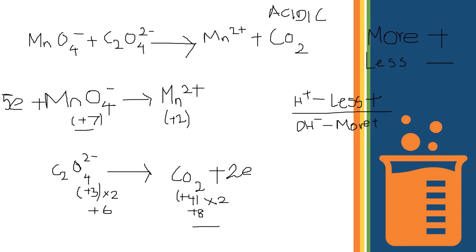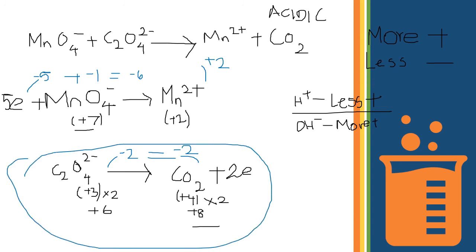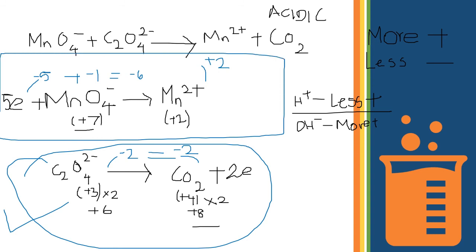But first, let us calculate the charges in both instances. 5 plus minus 1. In this reaction, the charges are already balanced and this is good to go. So we are having a need to balance the first reaction. Let's see how it is done.